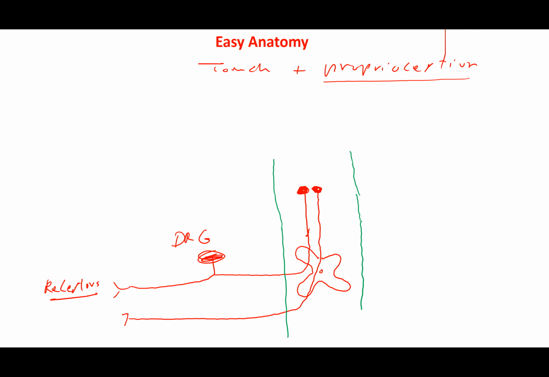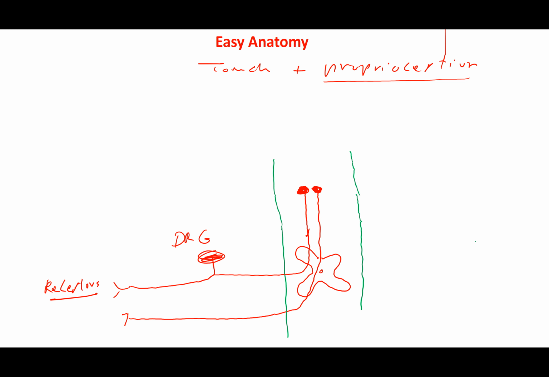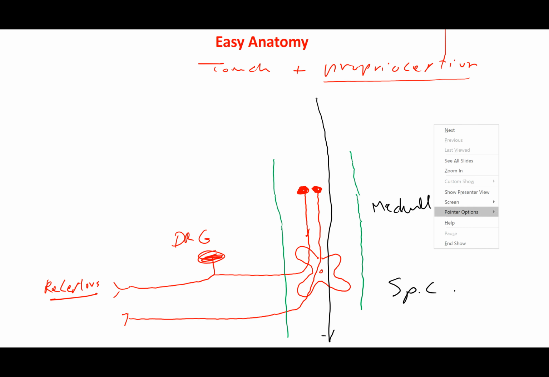This is the midline. I will draw the midline with a different color. So here is the midline of the CNS in general. This is the spinal cord, this is the medulla. Okay, I go back to the red color.